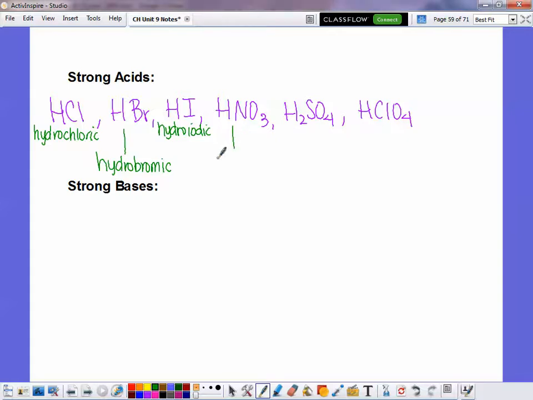HNO3? Nitric acid. Nitric. H2SO4? Sulfuric. And this last one, HClO4, ClO4 minus is not a polyatomic ion that I asked you to memorize, but ClO4 minus is perchlorate, so this would be perchloric.